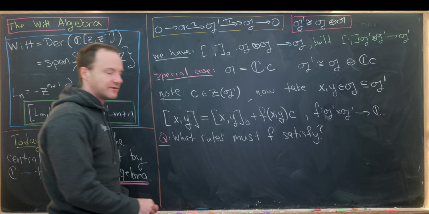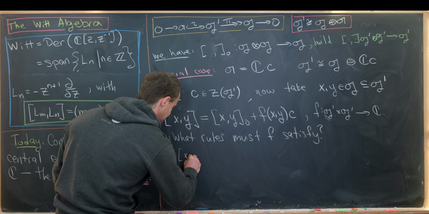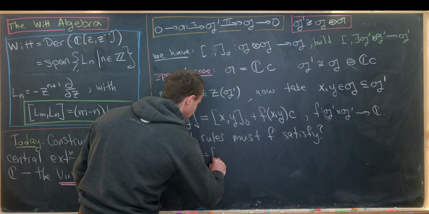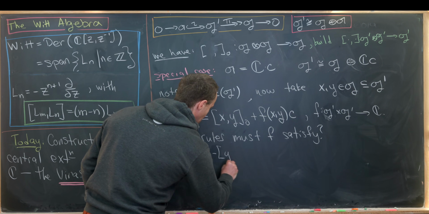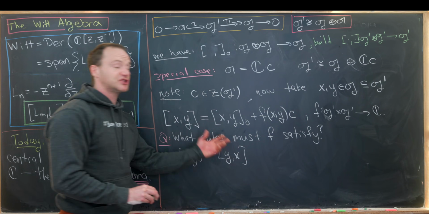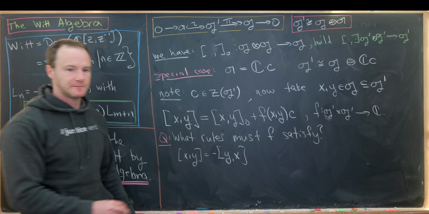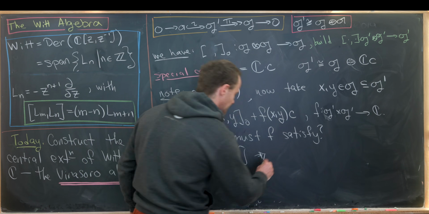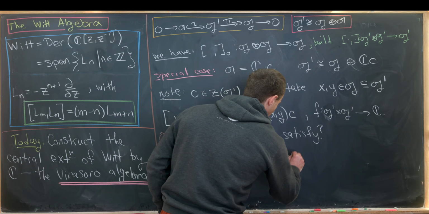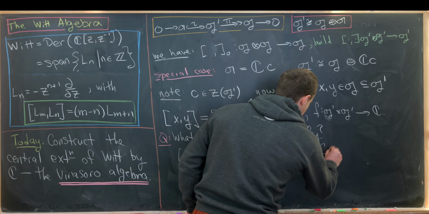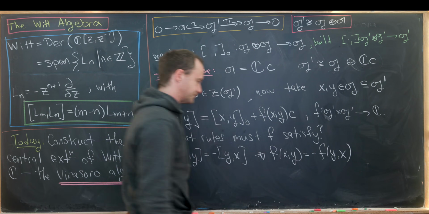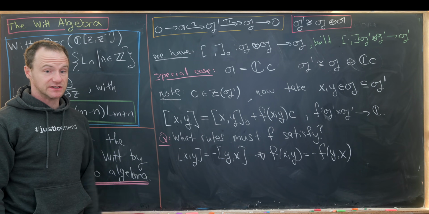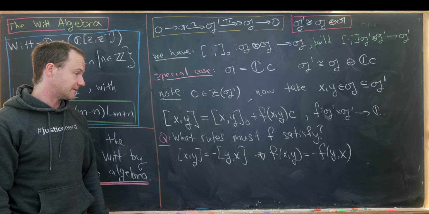So let's first of all notice that we know that xy must be equal to minus yx because of skew symmetry in the Lie algebra. But that tells us, plugging that up here, that f of xy is equal to negative f of yx. Okay, so that's good to know, again, by skew symmetry.